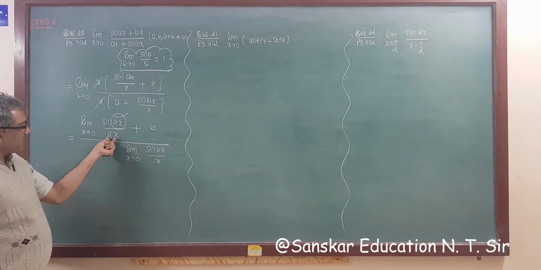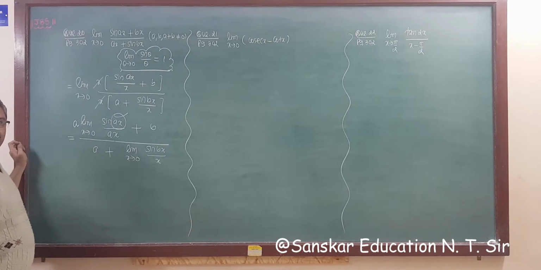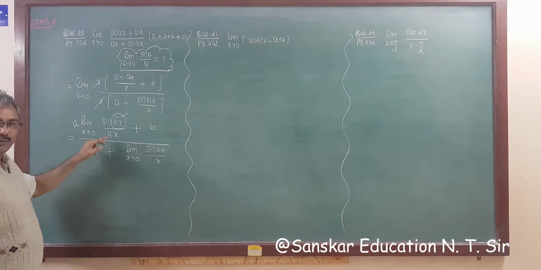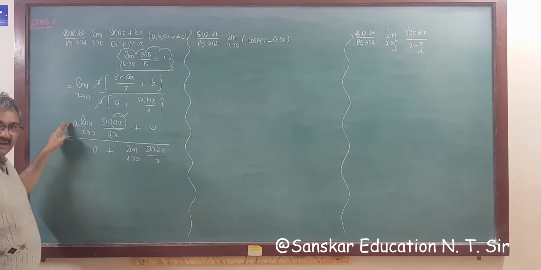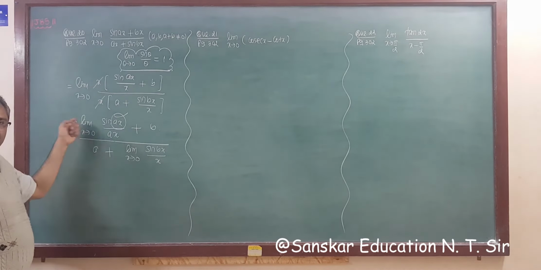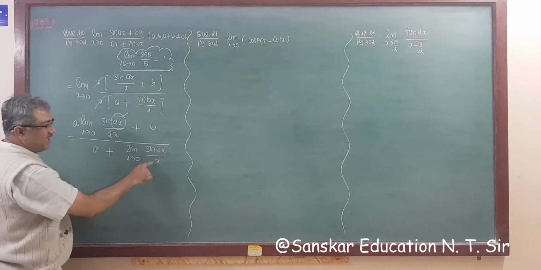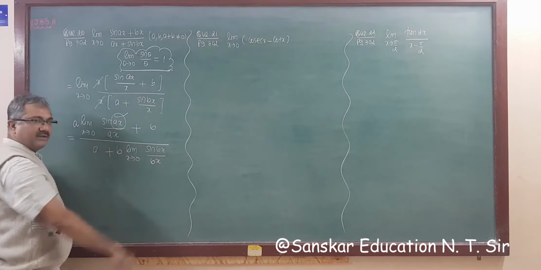So if we multiply by a in numerator, then in denominator we are also multiplying by a. That means we have to divide by a here. That is a, divide and multiply. Same thing here. We need denominator b. If we multiply by b, we have to write b here.